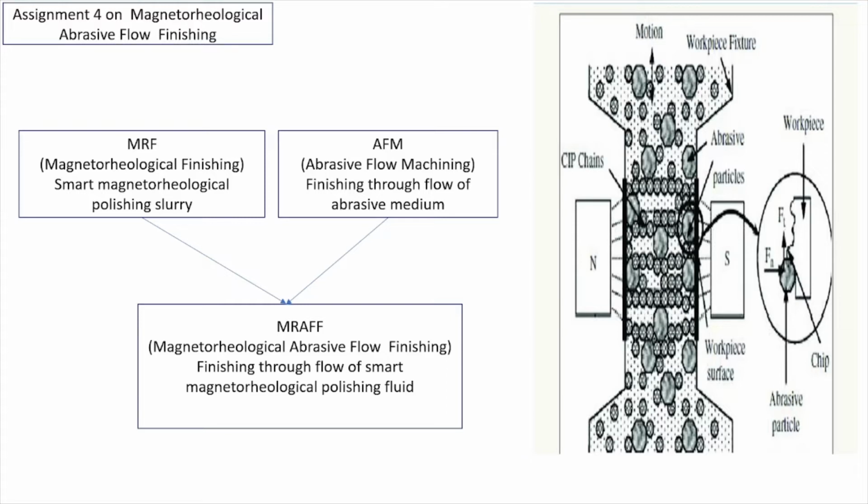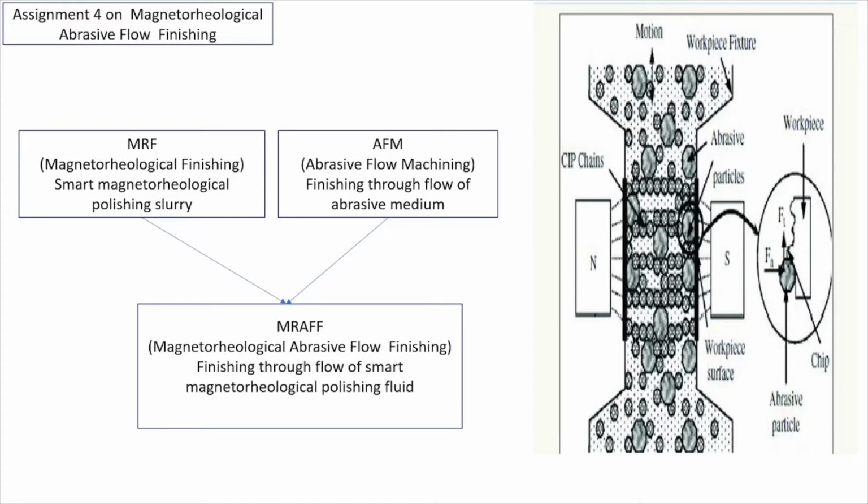Magnetorheological polishing fluids, for example, are a basic example of carbonyl iron powder and silicon carbide abrasives dispersed in a viscoplastic base of grease or some mineral oil. We'll see in later slides the additives which are used in that process.